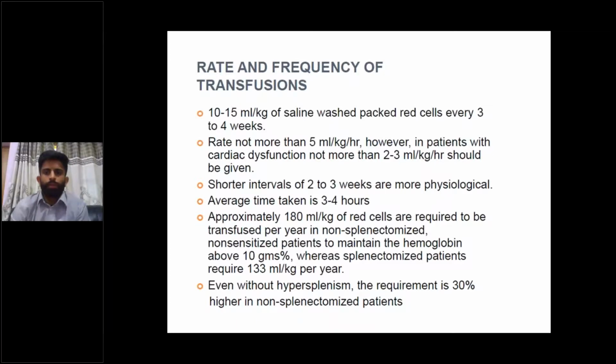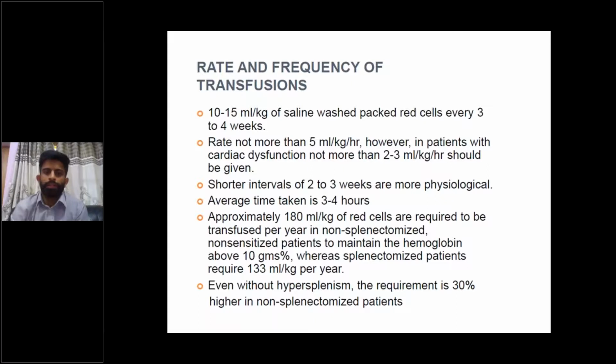That's it. So the amount of blood required in the initial ages of life is much less compared to the blood required in the much later ages of life, where the weight increases and the requirement of RBCs also increases. So that's why the rate not more than 5 ml per kg per hour is being transfused.